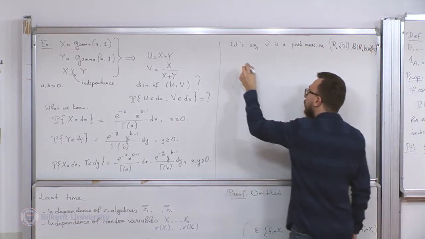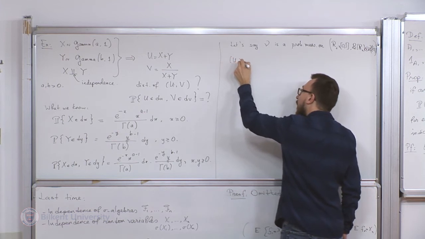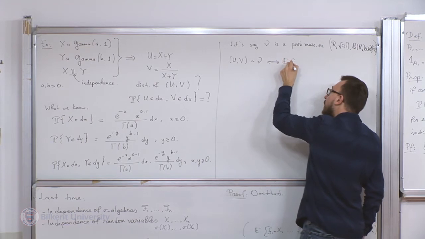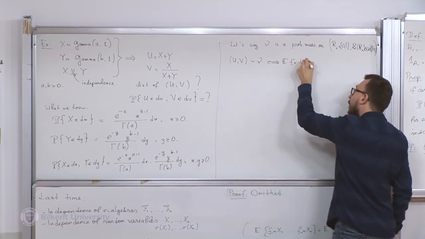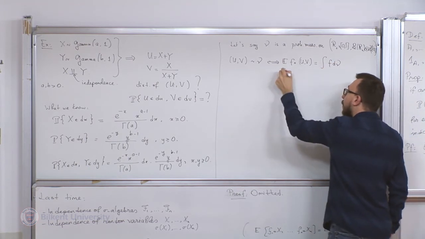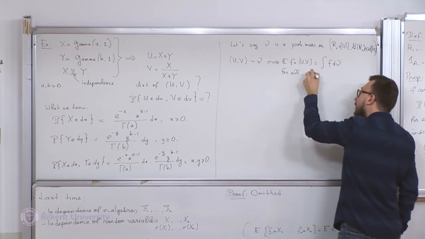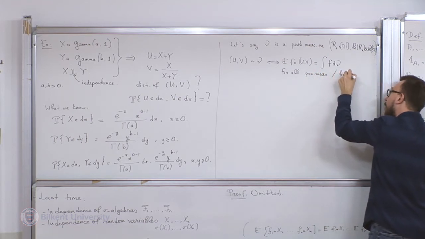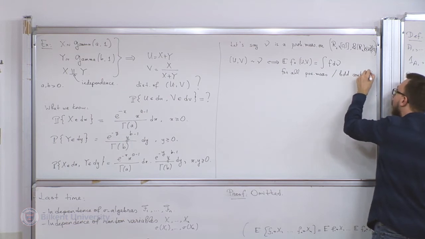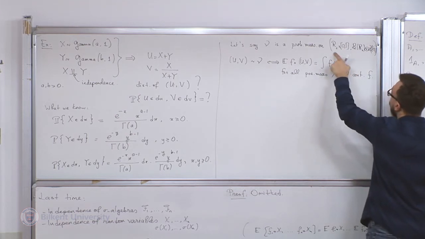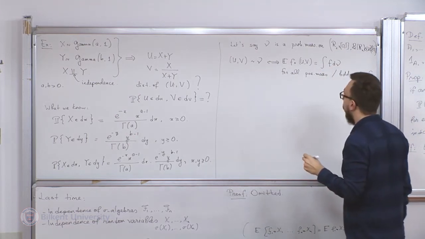Okay? So just remember that UV has distribution nu if and only if its expected value is given as the integral of f d nu for all positive measurable or bounded measurable or bounded continuous f. And this integral is in fact a double integral on this space anyway.